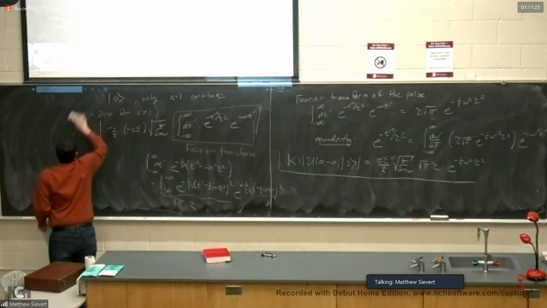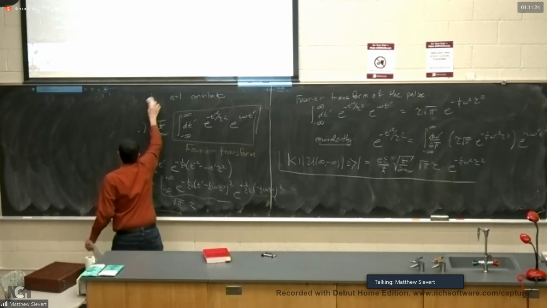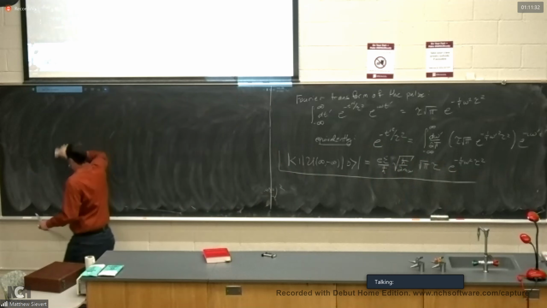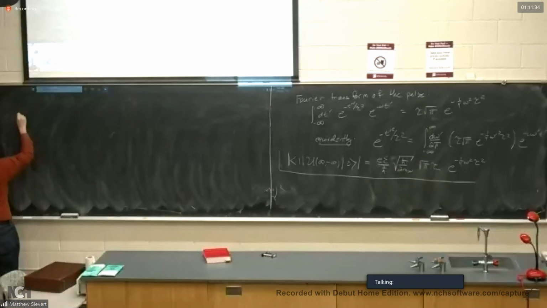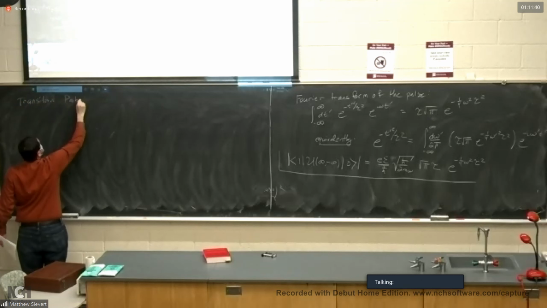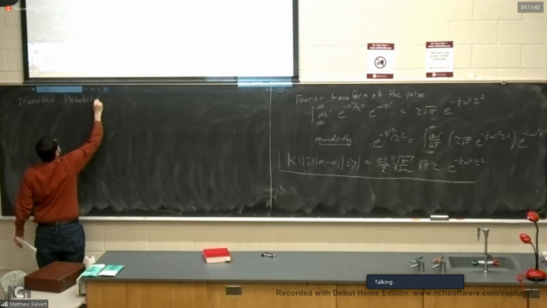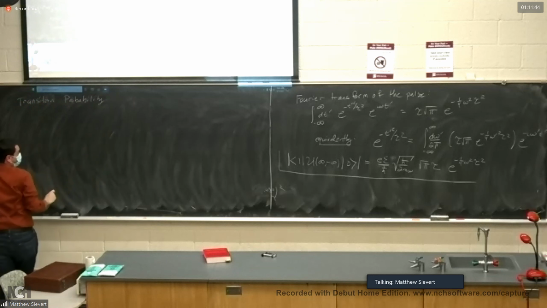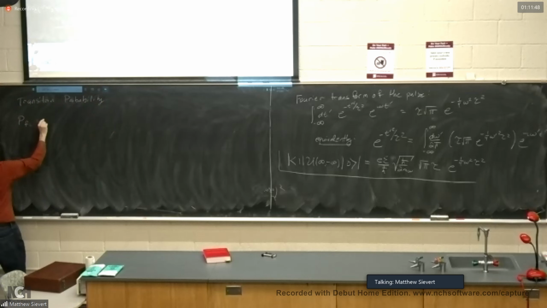Squaring this thing gives me the transition probability. This is the transition probability in the limit when time goes to infinity. So that's P final initial as absolute value squared.